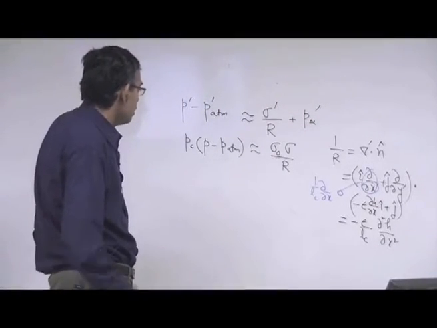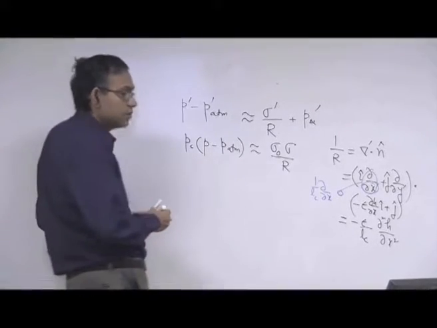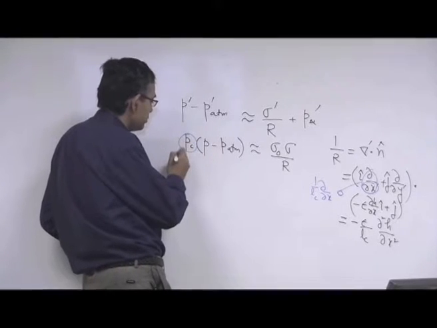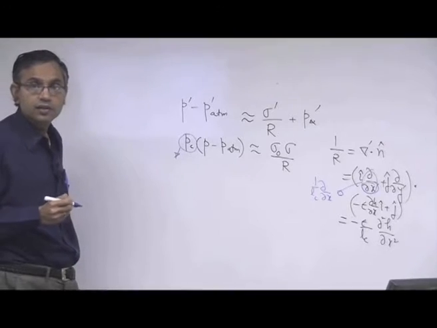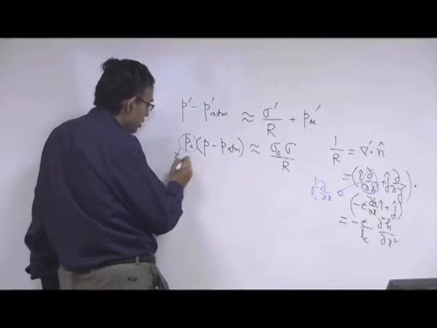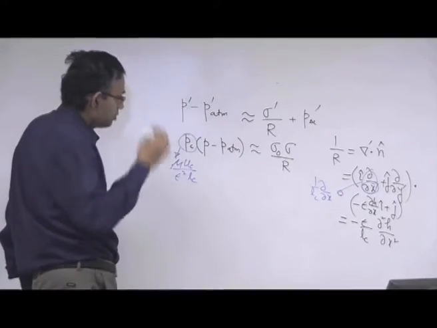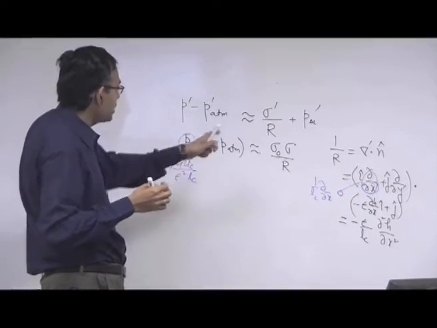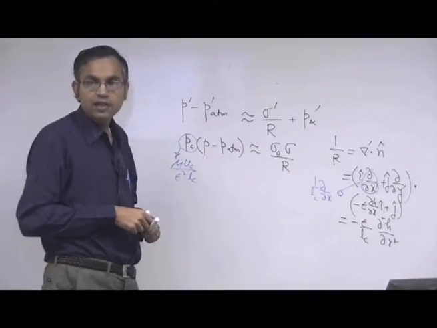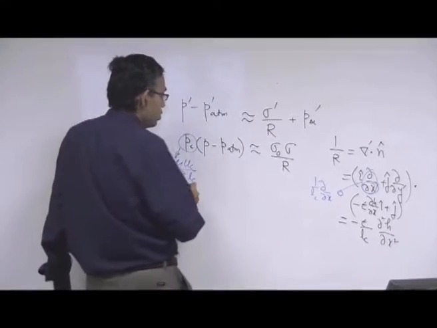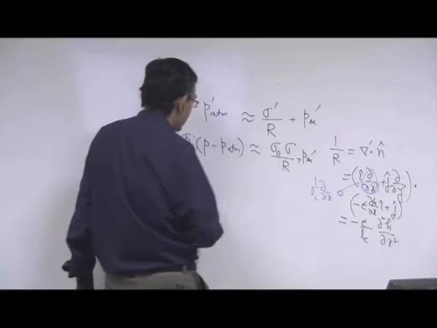Right. What is Pc? Tell from your notes what is Pc? Yes, mu uc by epsilon square Lc. So you multiply both sides by Pc, basically divide both sides by 1 by Pc.